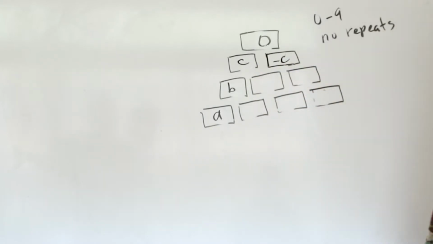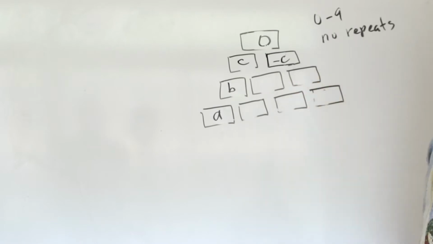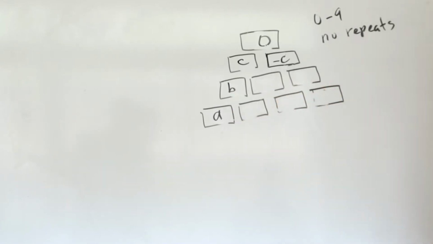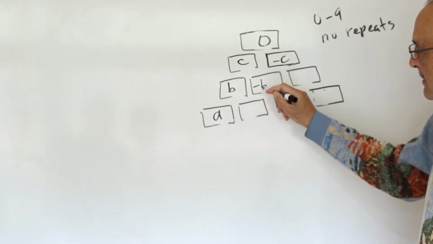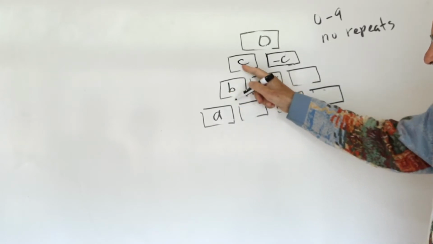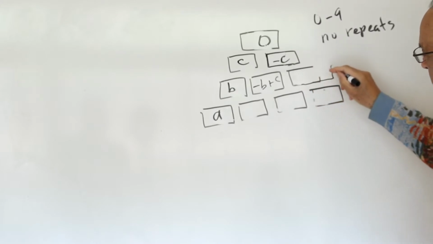Now, one nice thing about doing this in the classroom is the students can tell you the different algebraic expressions, and I have them do it in alphabetical order. So they would write the negative B before the C, because B and negative B cancel, and then C survives. So then I would call on another student.